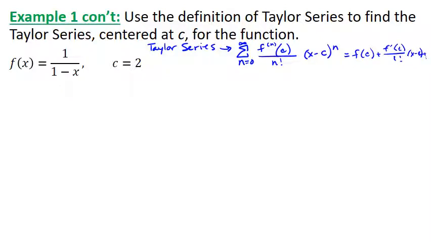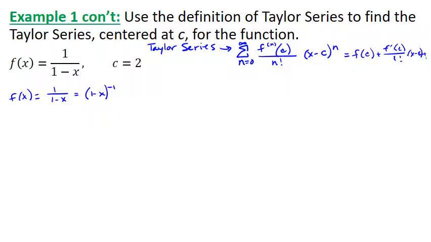Okay, so we're going to take the same approach that we did before. The first thing we want to do is find the first several derivatives. Now, we know that f of x is 1 over 1 minus x. And this can be written as 1 minus x to the negative first power.